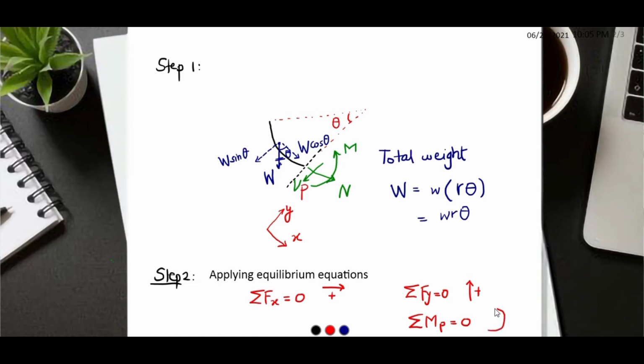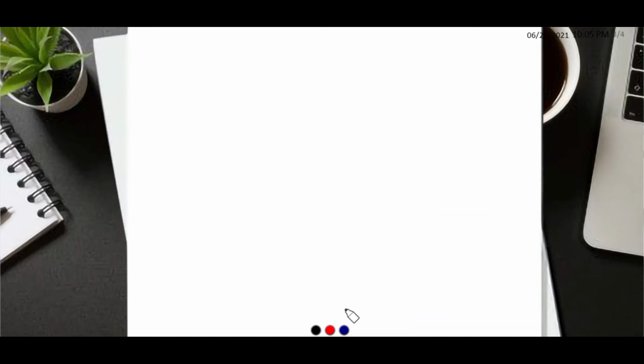Again, you can consider the counterclockwise direction as positive for your convenience. So let us use these equations one by one to find V, N and M. Let me copy and paste the diagram again.